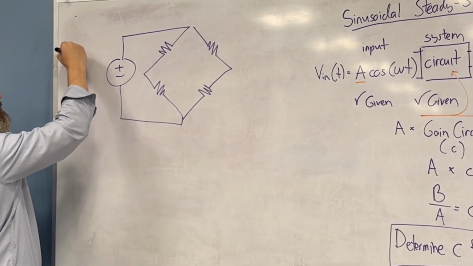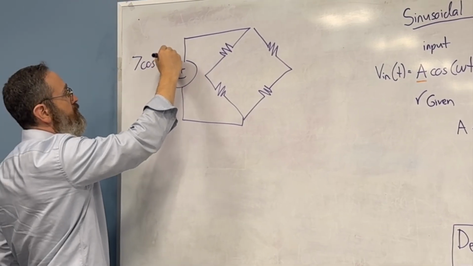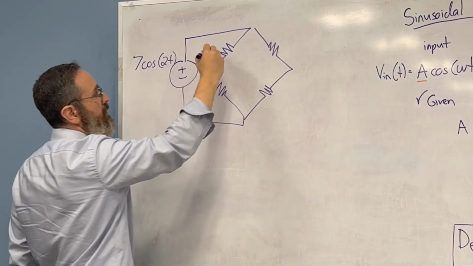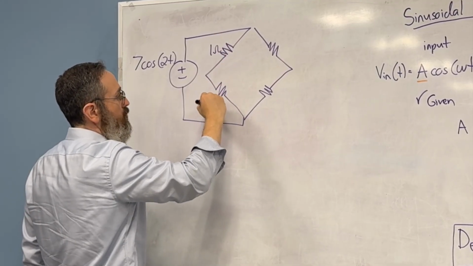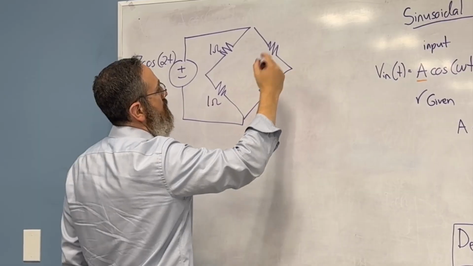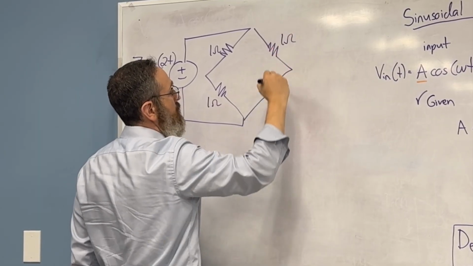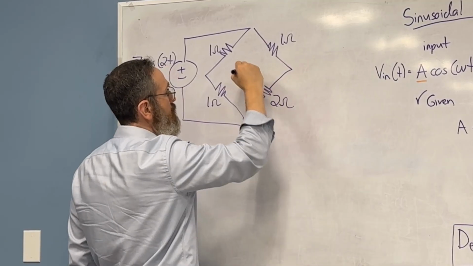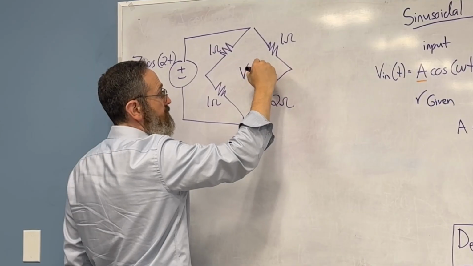This is going to be 7 cosine of 2t, 1 ohm, 1 ohm, 1 ohm, 2 ohms, and here's our output, which is a function of time.